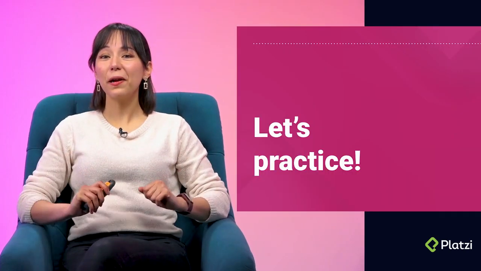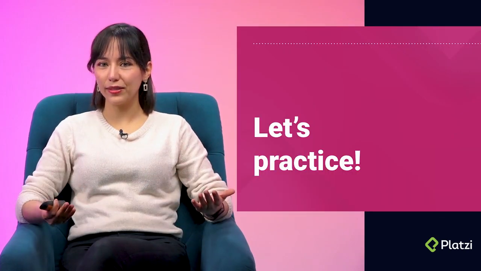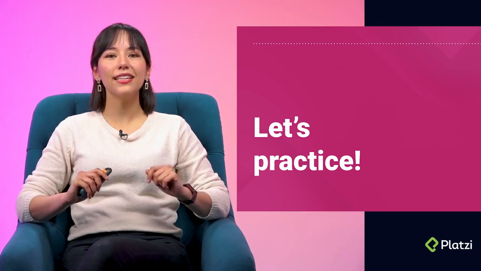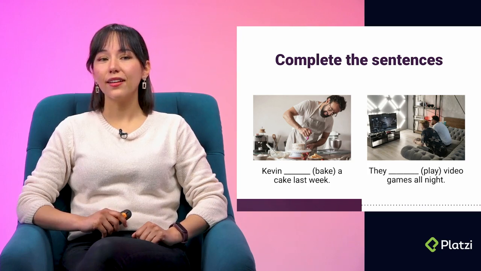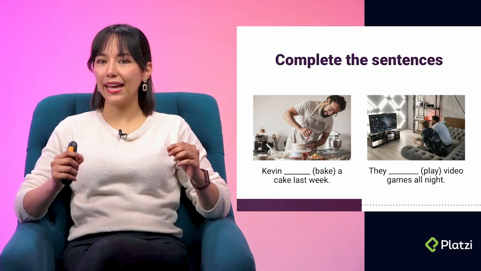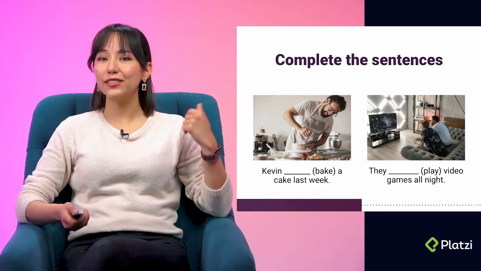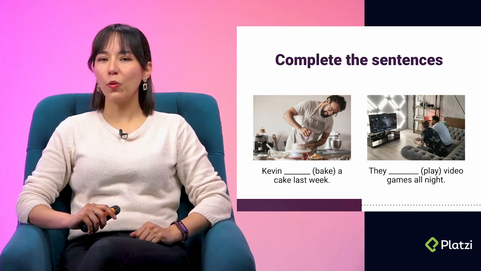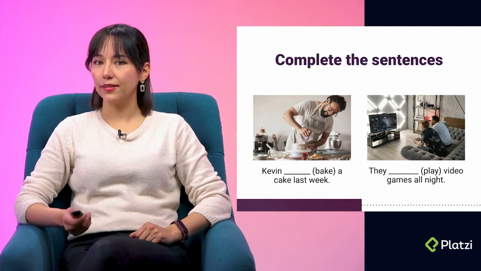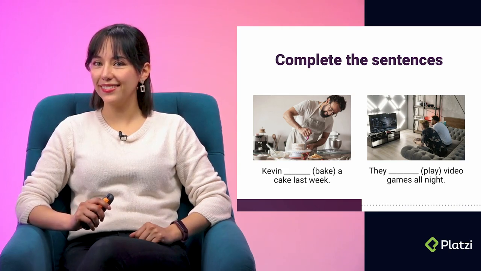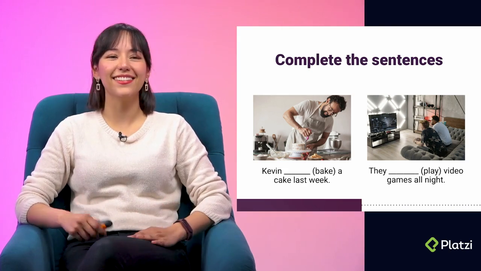Now, let's practice using the regular verbs in past with these two examples. The first one, Kevin blank a cake last week. What is the past tense of the verb bake? It's regular, so it must end in ed.